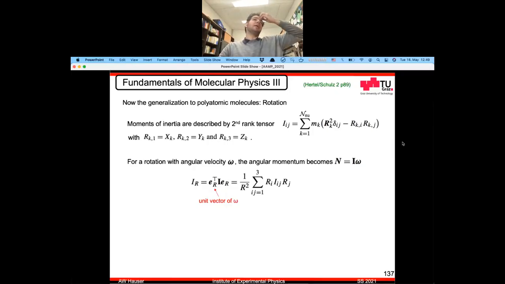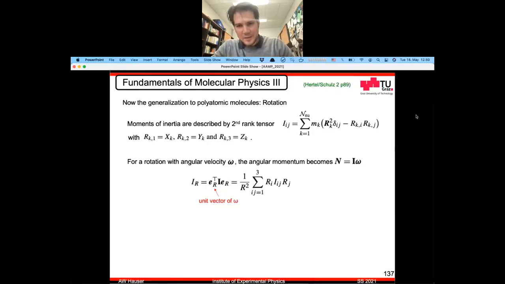So if we have some arbitrarily shaped object and we give it some spin, then this means that we will introduce two things. On the one hand, we have this rotation and we have an angular momentum, but we also have the centrifugal forces acting, which appear in the second rank tensor of the moment of inertia as these non-diagonal elements.